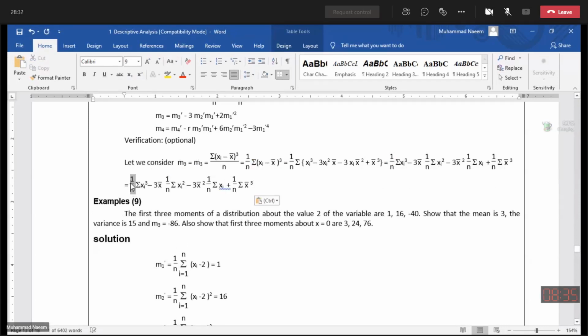This first term will be replaced with M3 prime.